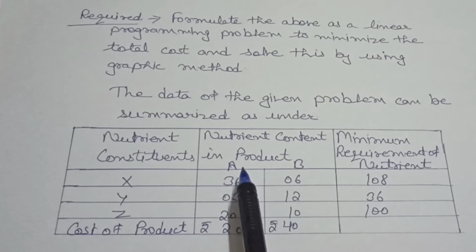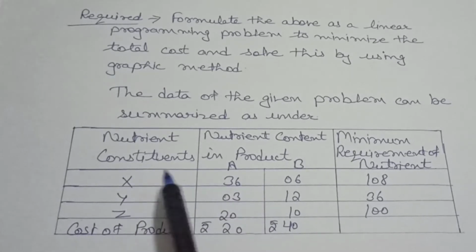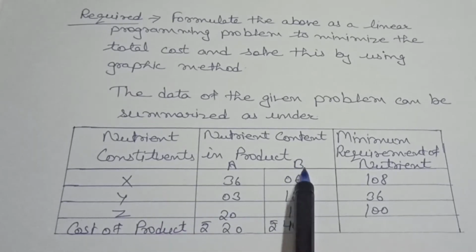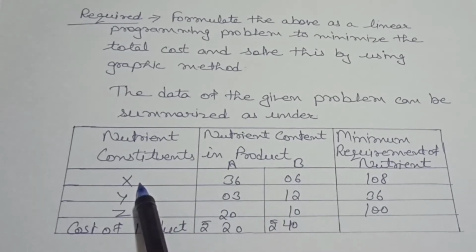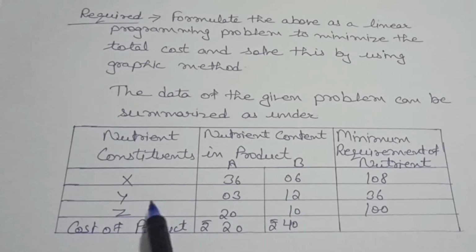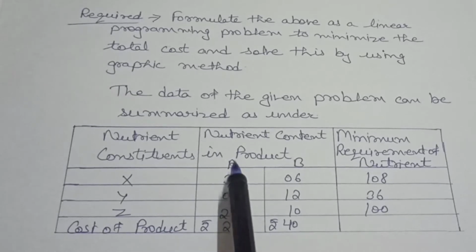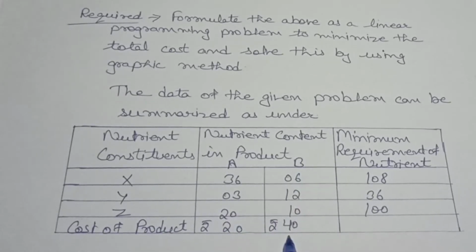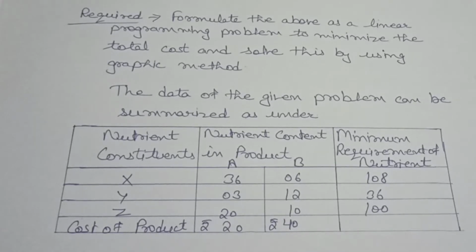A product has 36 nutrients of X, 3 nutrients of Y, and 20 nutrients of Z. Like this, B product has 6 nutrients of X, 12 nutrients of Y, 10 nutrients of Z. So the cost of product A is Rs 20 and the cost of product B is Rs 40. We have to minimize this cost. So now we will solve this problem.